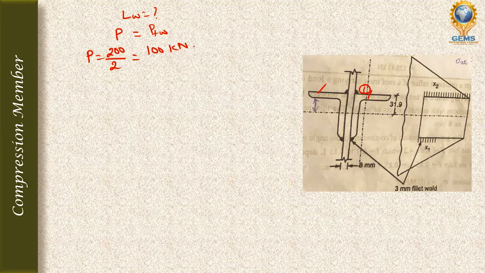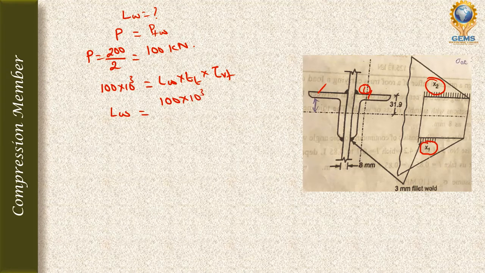And in the diagram, it clearly shows x1 value is lesser than the x2 value. So we have to calculate the x1 and x2 values. So we have a P. If you equate 100 into 10 to the power 3 with the strength of the fillet weld, LW into TT into tau VF, here the only unknown is LW.